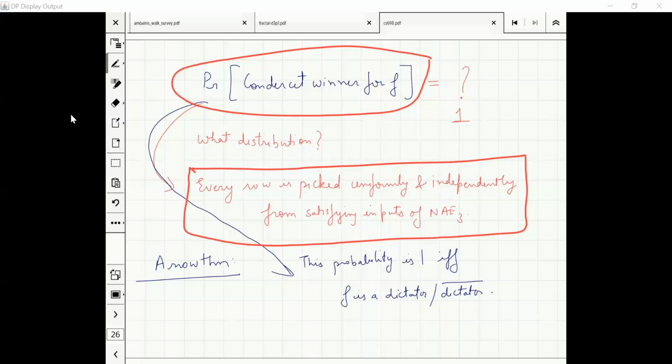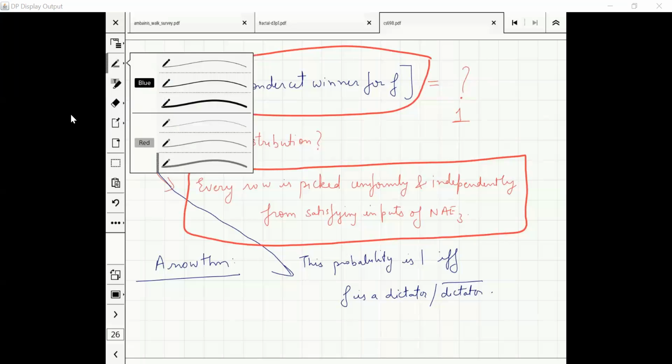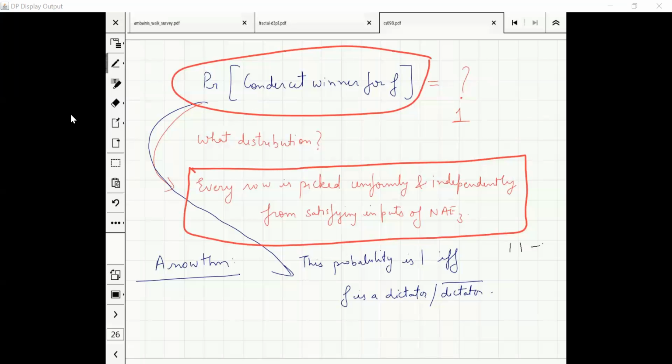Each of the rows is picked uniformly and independently from satisfying inputs of NAE3. That means it is going to be one of these, right? 1, 1, minus 1; 1, minus 1, 1; minus 1, 1, 1; minus 1, minus 1, 1; minus 1, 1, minus 1; and 1, minus 1, minus 1. These are the 6 satisfying inputs. Every row is uniformly picked from one of these 6 rows.